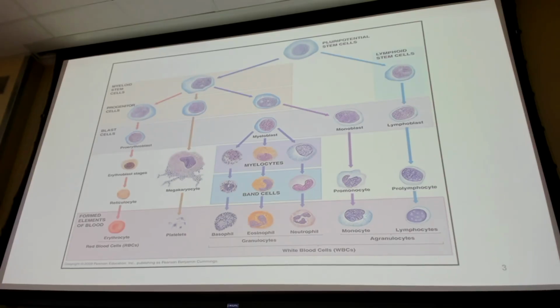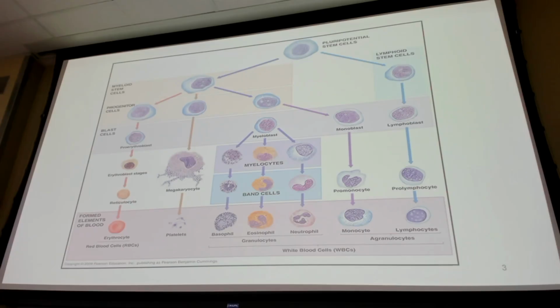Because again, we're going to be talking about cancers of the blood. So in MDS, you have a normal cell, right? You're a hematopoietic stem cell. So somewhere up here produces a blast cell, right? Immature cell.